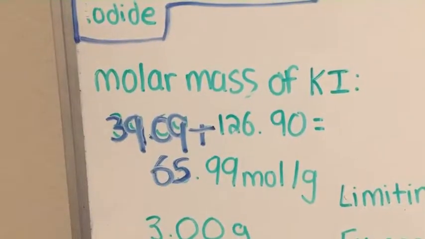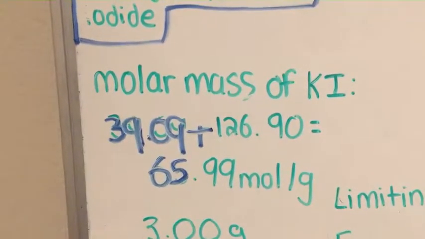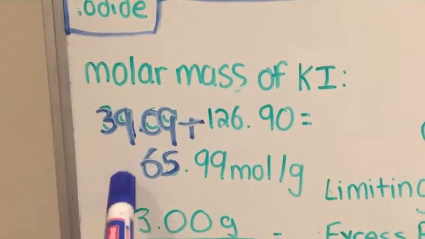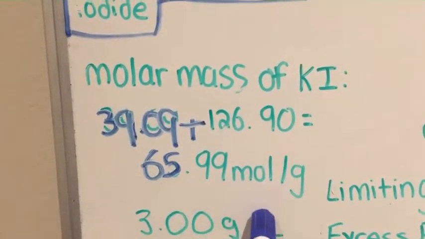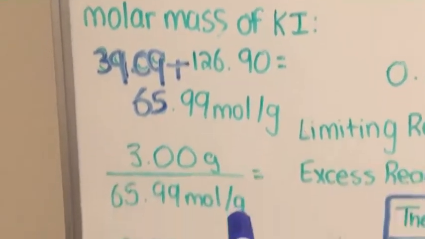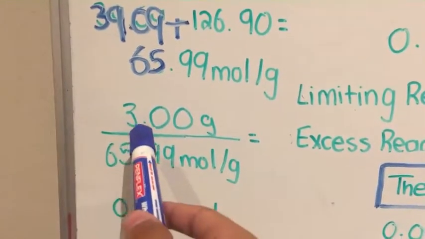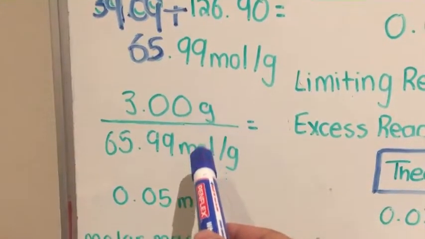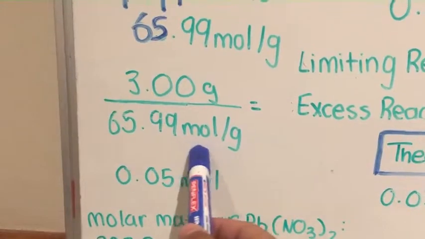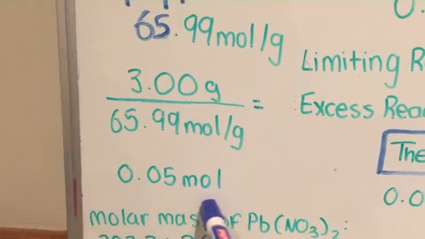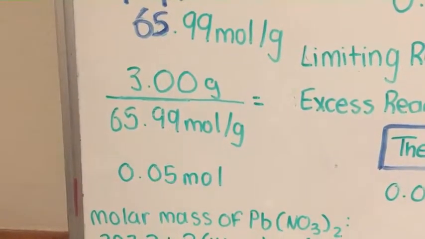We first found the molar mass of potassium iodide, which is 65.99 grams per mole, and then we divided that by 3 grams, which gave us the moles of potassium iodide, which is 0.05.